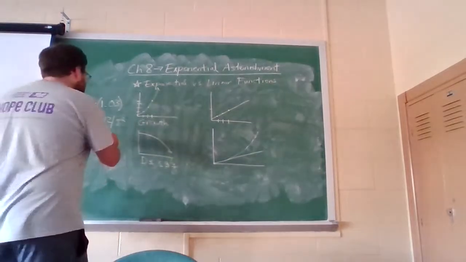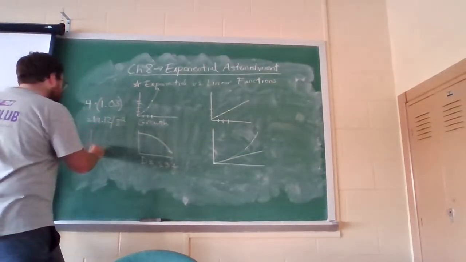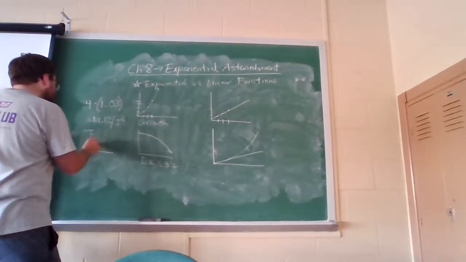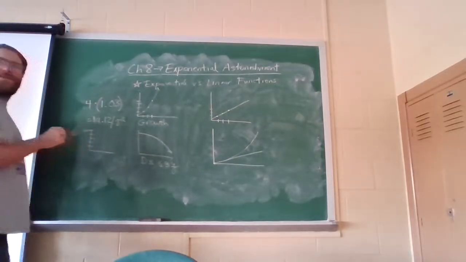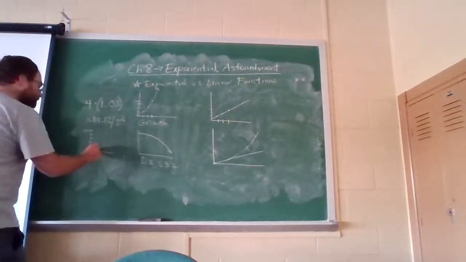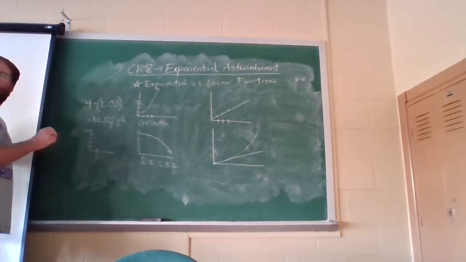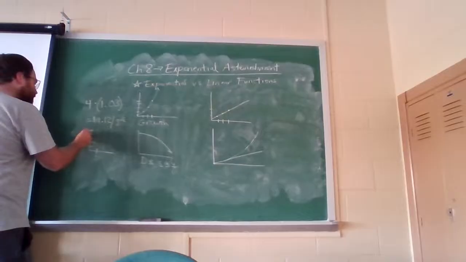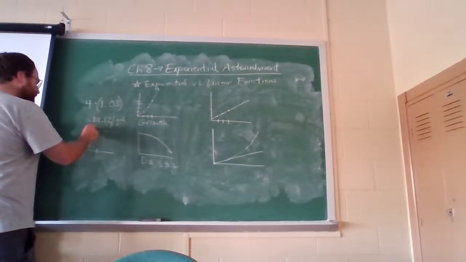So if you start at 1,000 and a year later we go down 200, right? But you're going down 200 from 800. It's not changing the amount you're going down.